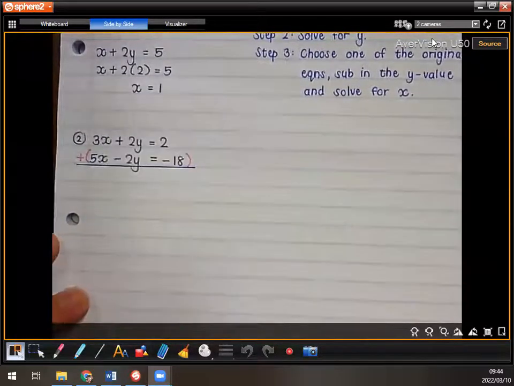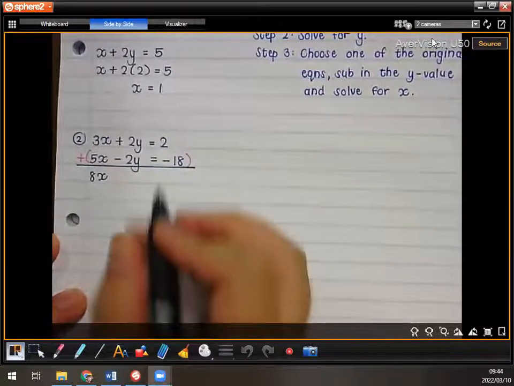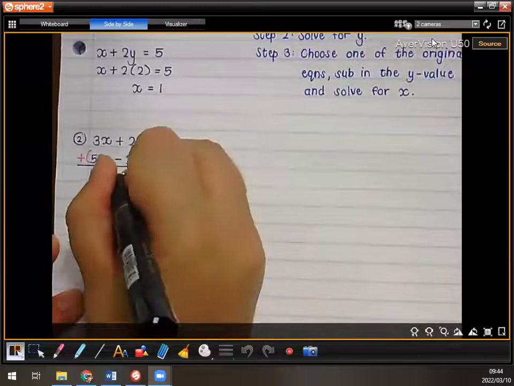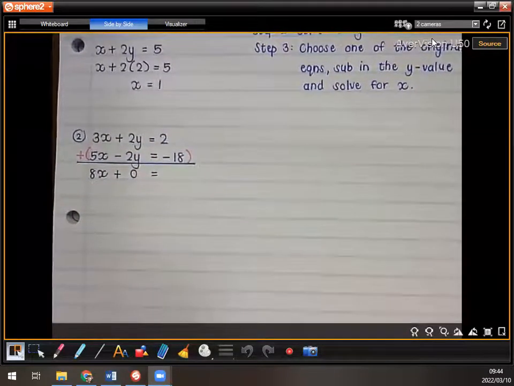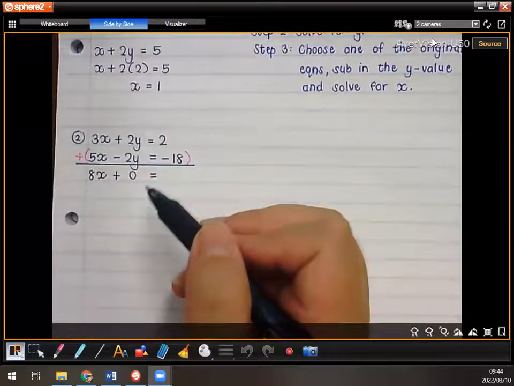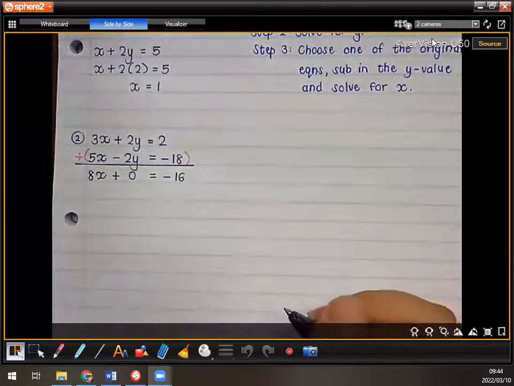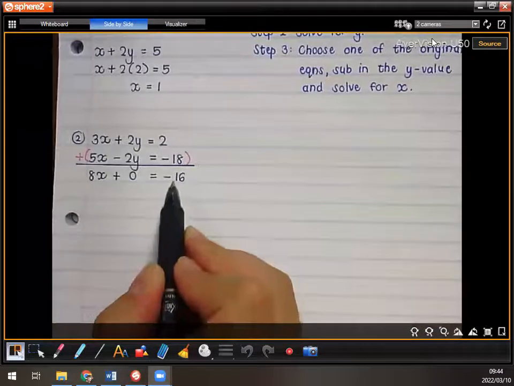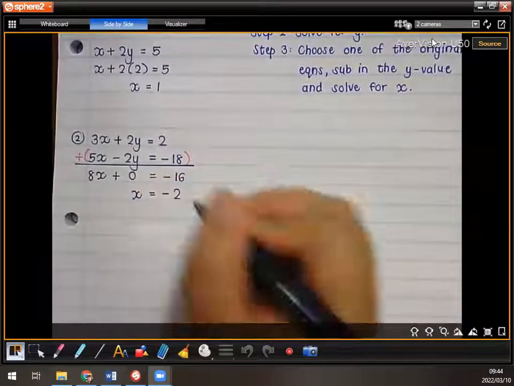So what is 3x plus 5x? 8x. 2y minus 2y is 0. You don't have to write it there. I'm just showing it so that you can see that that is what we're actually doing. And 2 minus 18 is negative 16. So 8x equals negative 16. What is x? Negative 2.